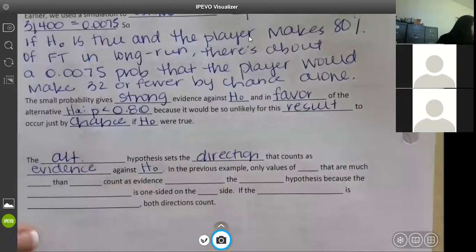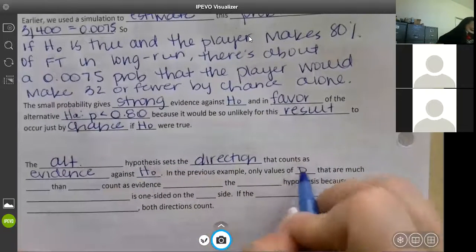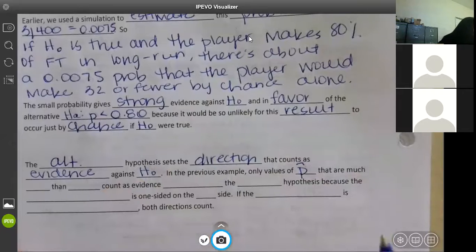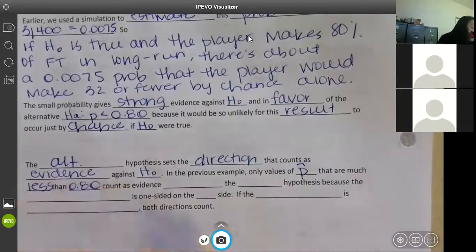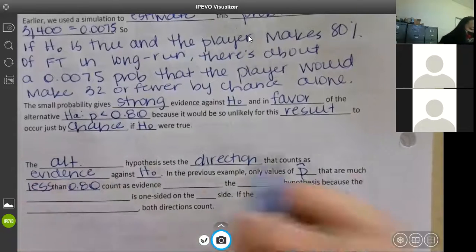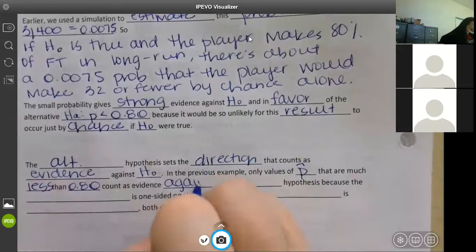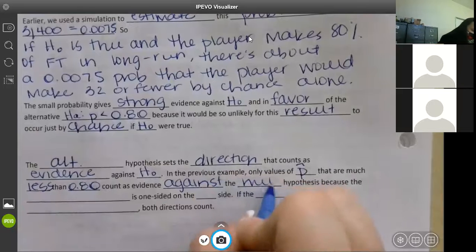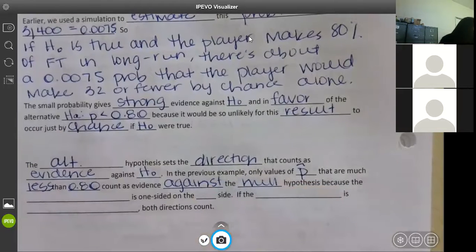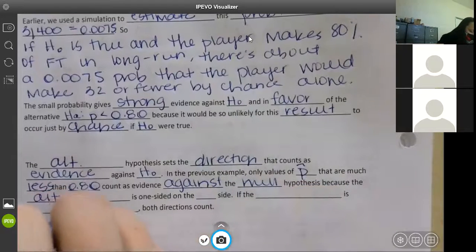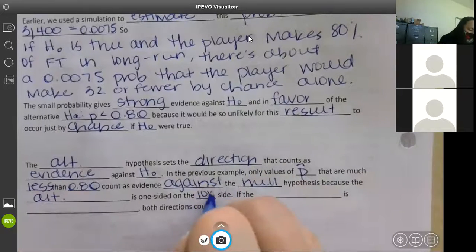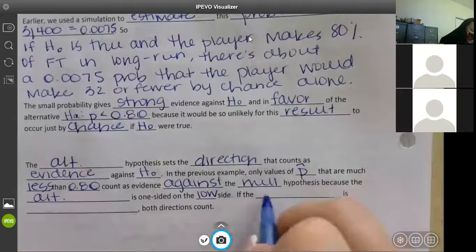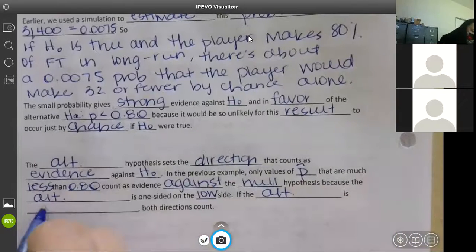In the previous example, only values of p hat that were much less than 80% count as evidence against the null, because the alternative is one-sided on the low side. If the alternative is two-sided, both directions count.